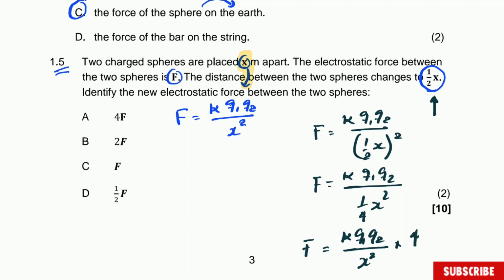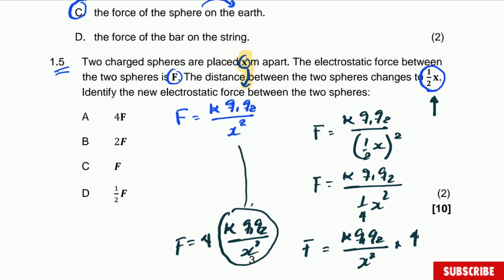In other words, F is equal to 4 multiplied by K Q1 Q2 divided by x squared. And if you notice, this one here is F, as you have it there on top. So in this case it's 4 times F, which will be the answer. The correct answer will be A.